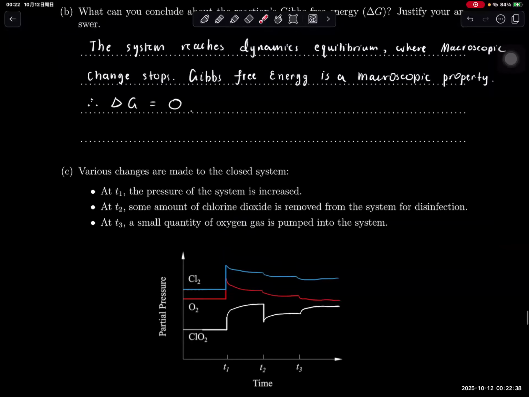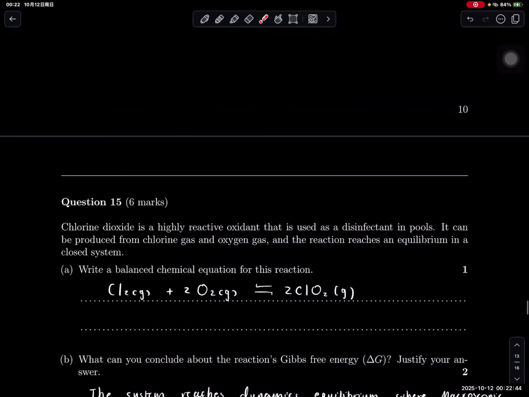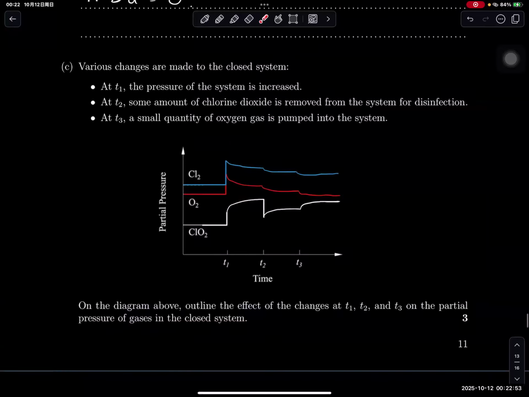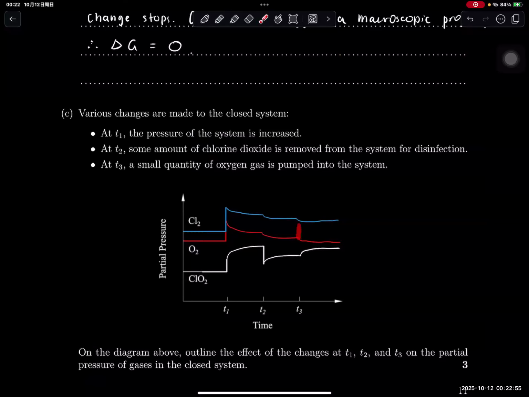Did I make a mistake here for this question? I think I actually did. Yeah, because this should be an increasing oxygen. I'll fix that later. Actually, I'll draw it right now, why not?